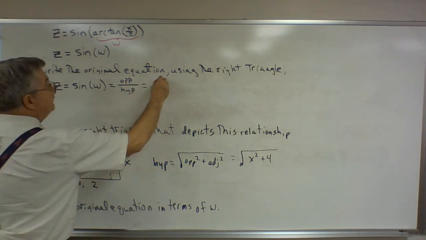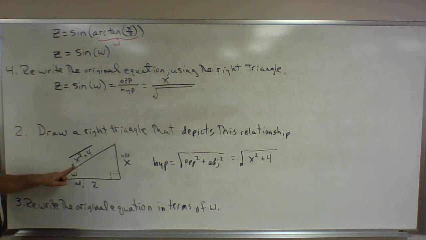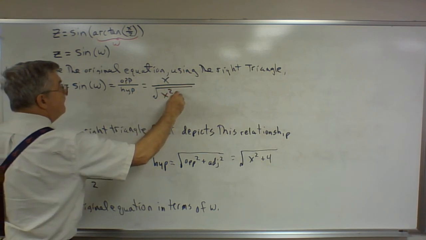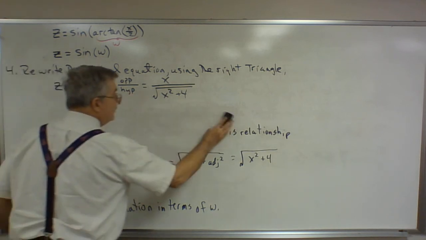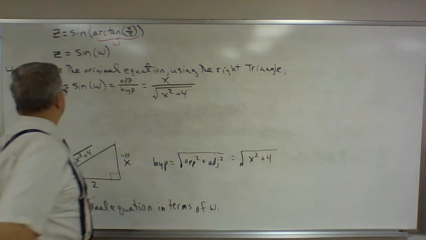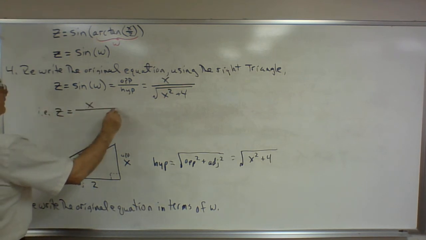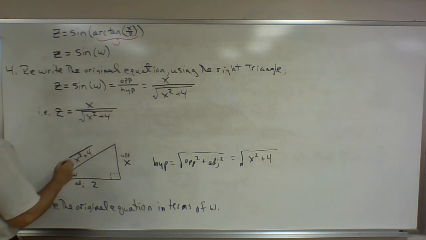And the opposite is x, and the hypotenuse is the square root of x squared plus 4. Z equals x over the square root of x squared plus 4.